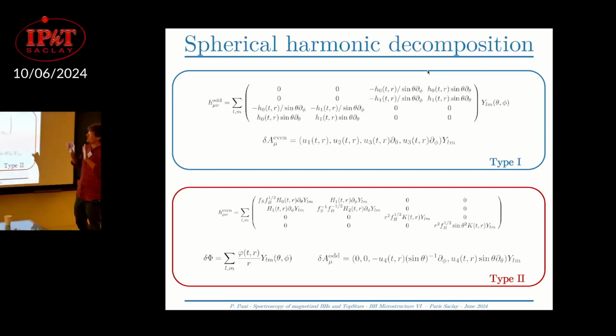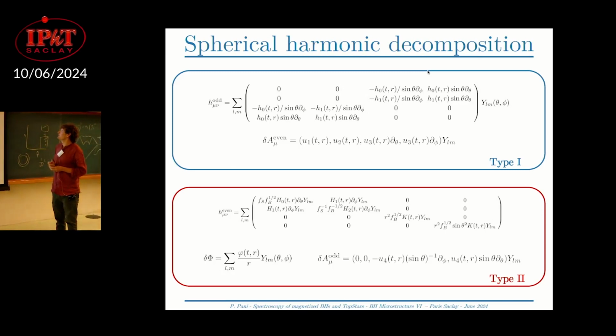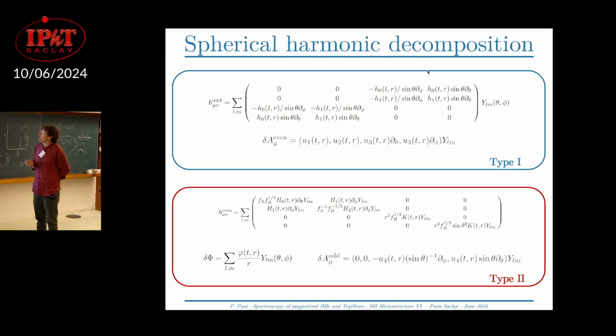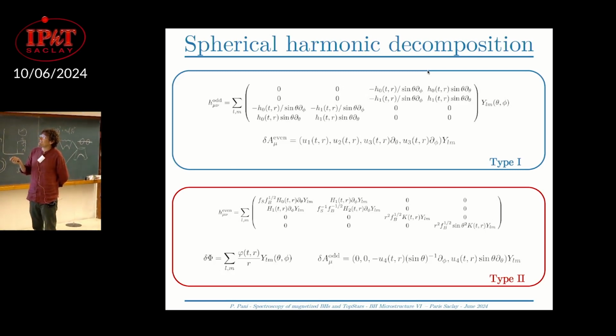This is pretty standard, but just to give you an idea, I'm sure that most of you are familiar with this. The idea is that for type 1 you decompose the gravity sector in odd spin 2 spherical harmonics and the electromagnetic sector in even spin 1 spherical harmonics, and that's it.